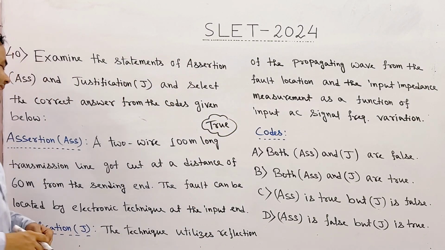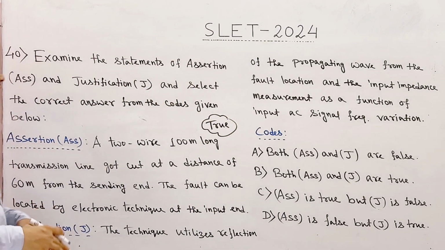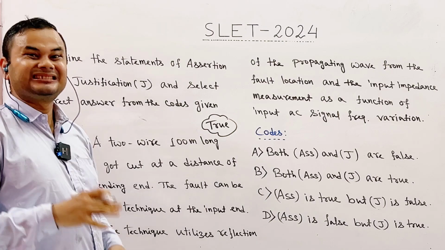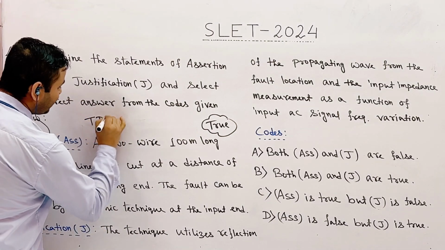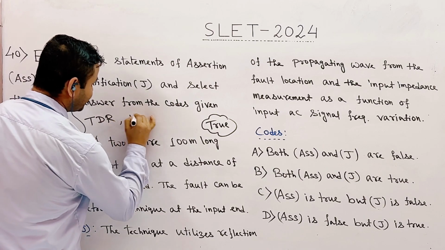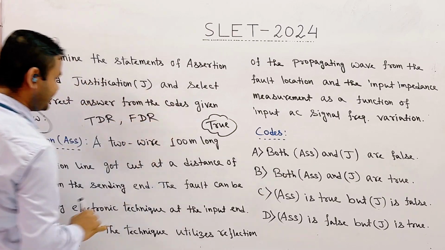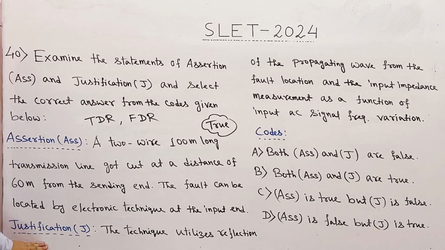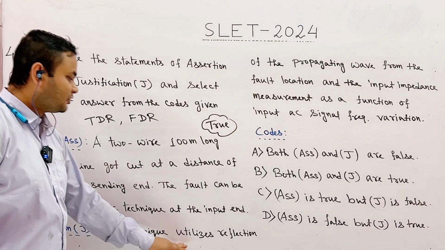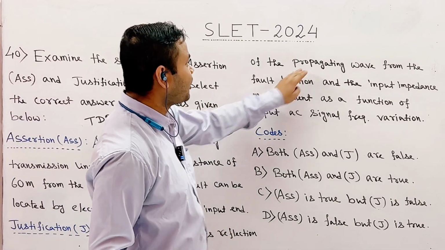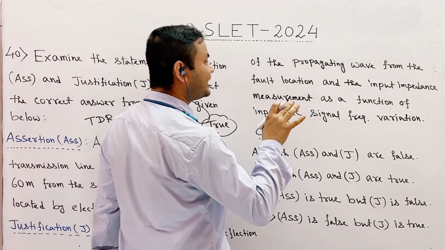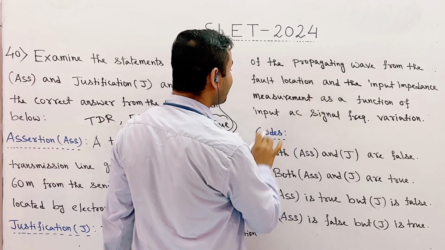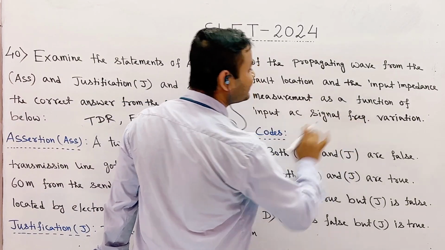The common electronic techniques that are used for detection of faults in a transmission line are time domain reflectometry and frequency domain reflectometry. Okay? Next, justification. The technique utilizes reflection of the propagating wave from the fault location and the input impedance measurement as a function of input AC signal frequency variation.